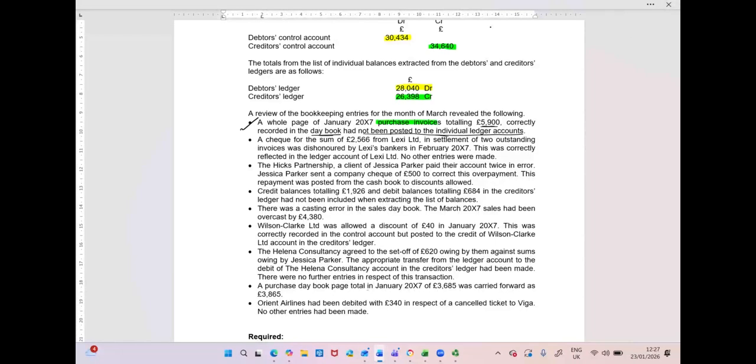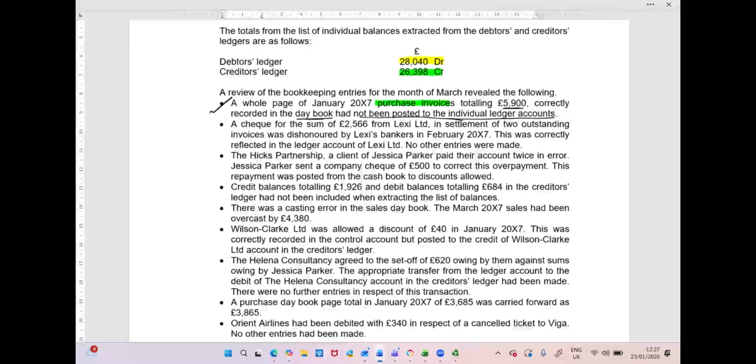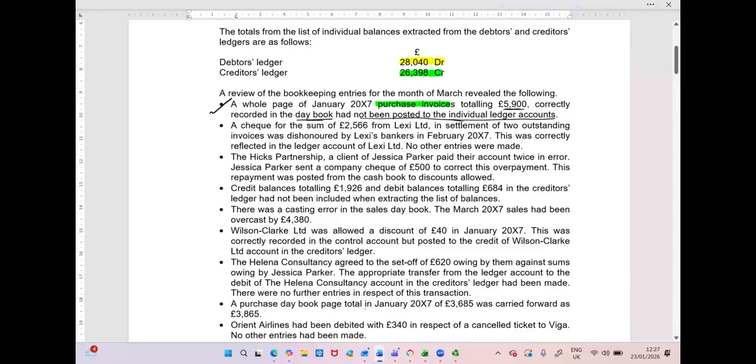Transaction number 2 is a cheque for the sum of 2,566 from Lexi Limited, in settlement of the 2 outstanding invoices, which was dishonored by Lexi's banker on 27th of February 2007. This was correctly reflected in the ledger accounts of Lexi, meaning the individual accounts are okay, but no entries were made.